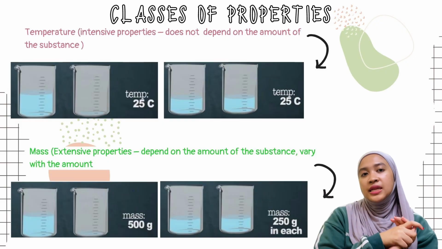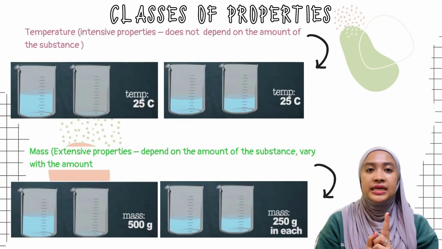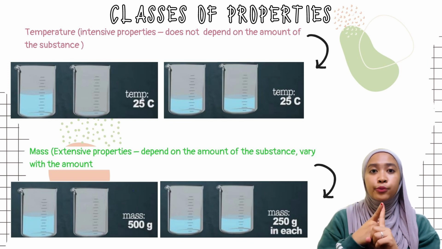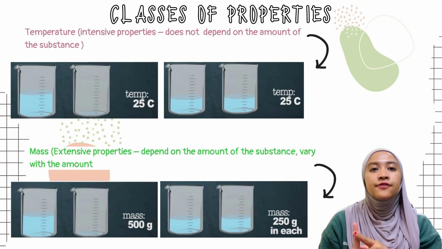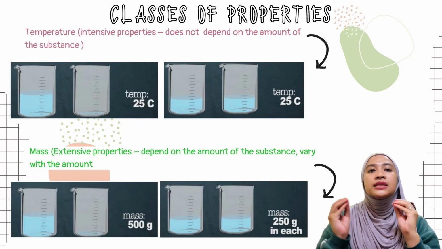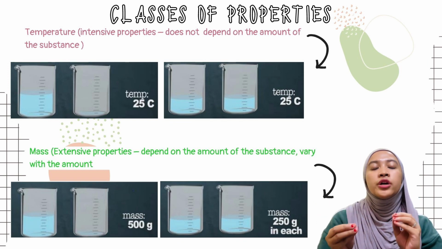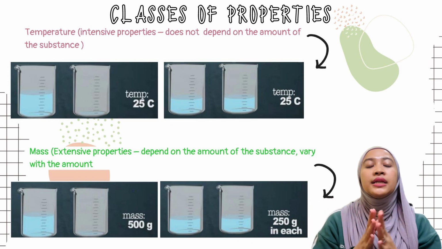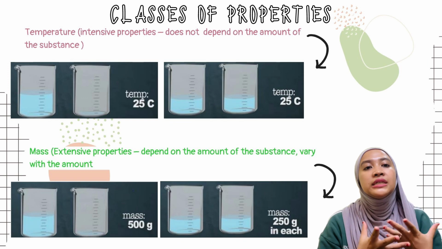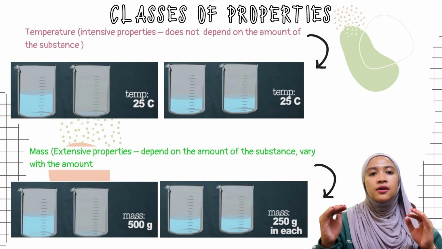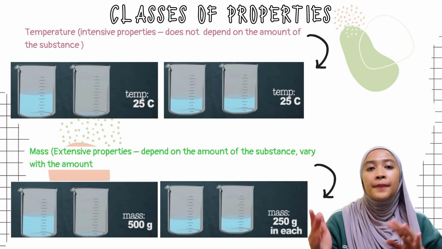In thermodynamics, there are two classes of properties. The first is intensive properties and the second is extensive properties. Intensive properties do not depend on the amount of the substance, while extensive properties depend on the amount of the substance and vary with the amount.